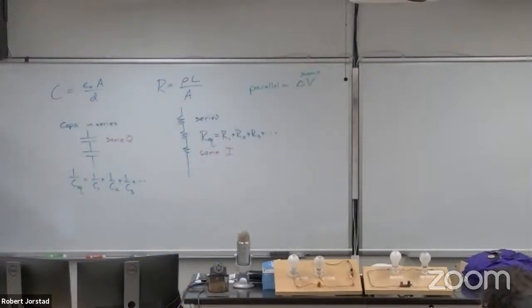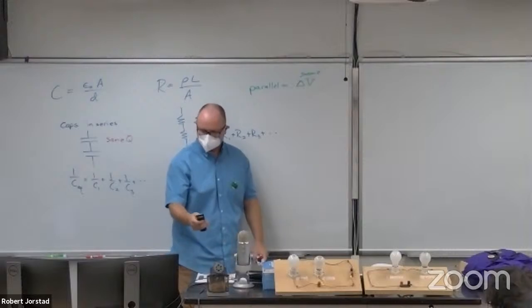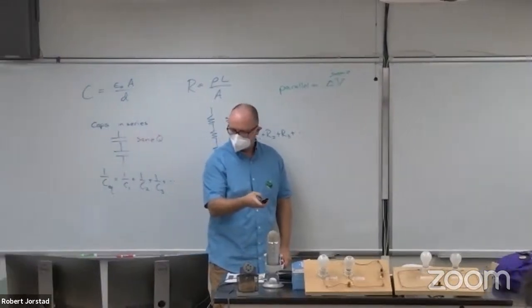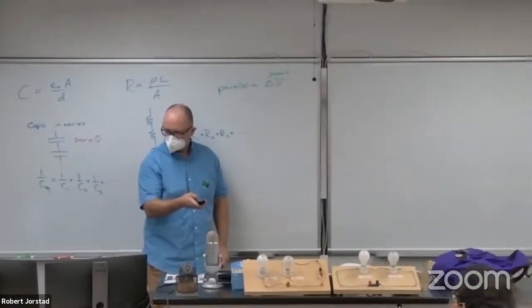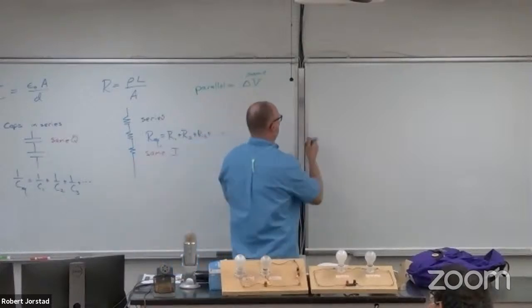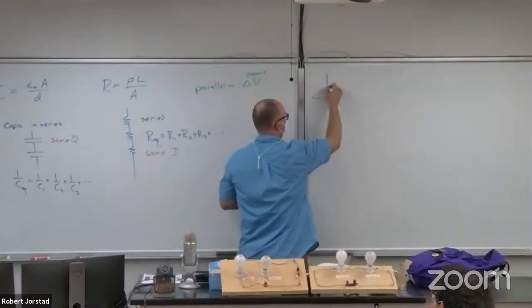Now, I don't know if you can tell here, when you put things in parallel, maybe let's do this on the other board just to make sure we're good on this. In parallel, I'm going to try to draw these capacitors as 3D now.